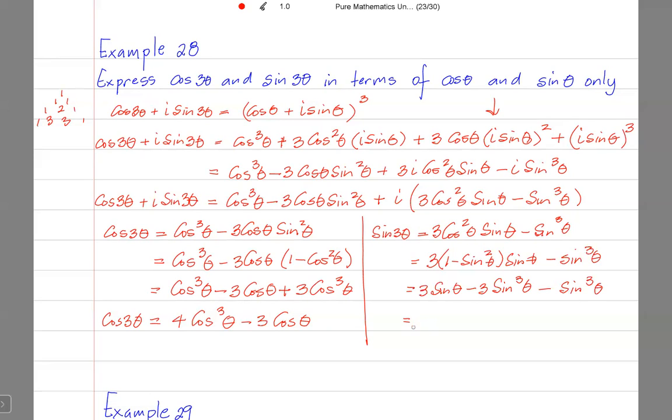Our final answer is sine 3 theta equals 3 sine theta minus 4 sine cube theta. And what we just did is use the Moivre theorem to express cos 3 theta in terms of cos theta only and sine 3 theta in terms of sine theta only.